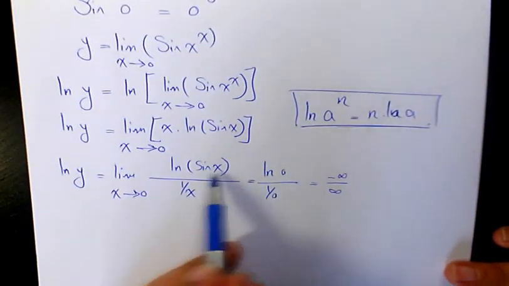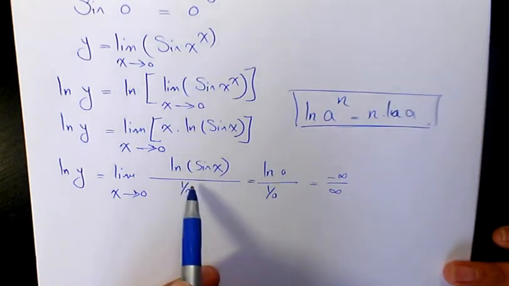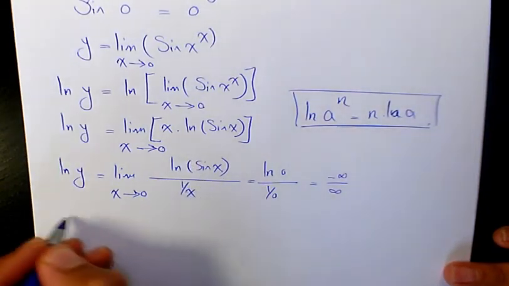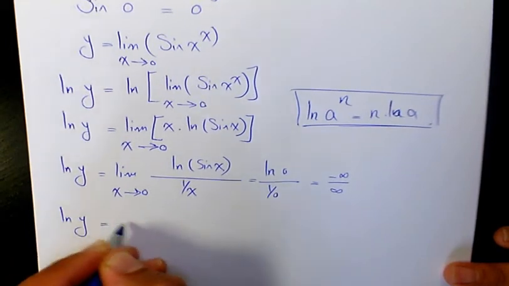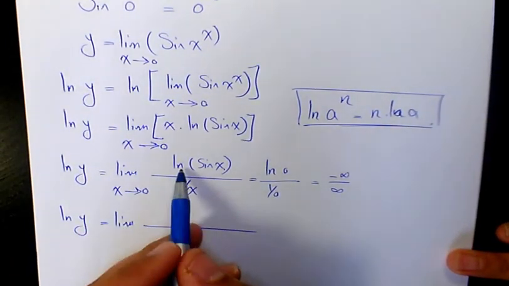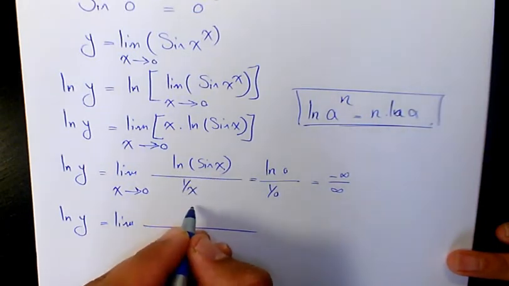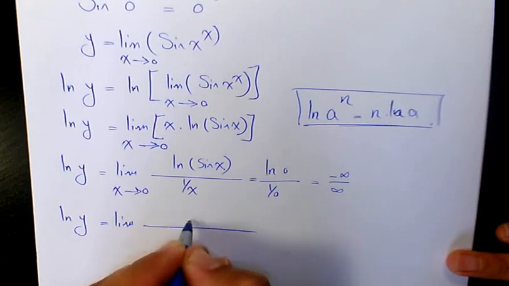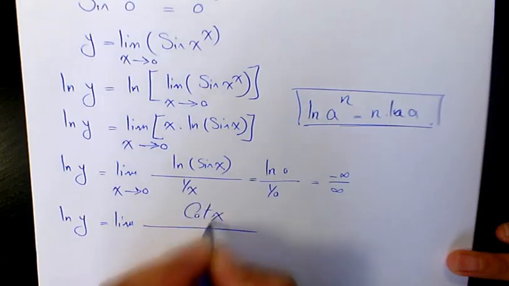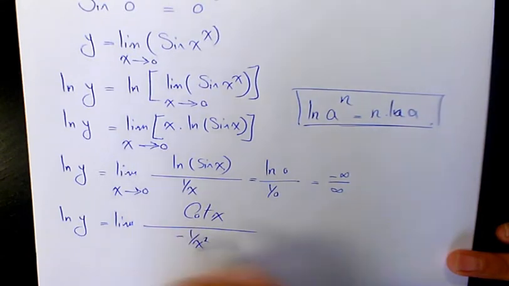Then you need to use L'Hopital's rule, find the derivative of the numerator and also the derivative of the denominator, which will be ln y equals the limit of the derivative of ln sine x, which is cosine over sine, which is cotan x, and the derivative of 1 over x is negative 1 over x squared.